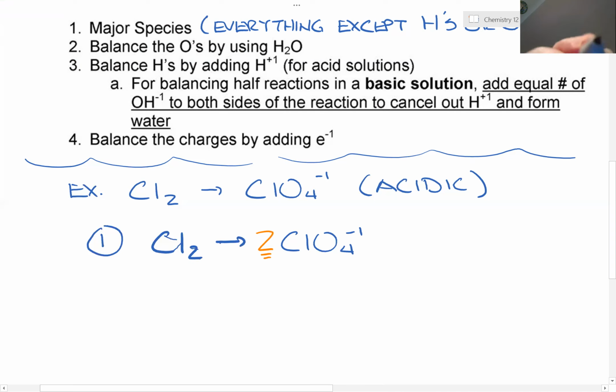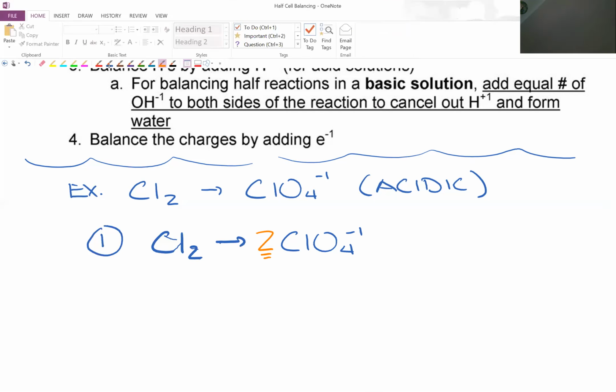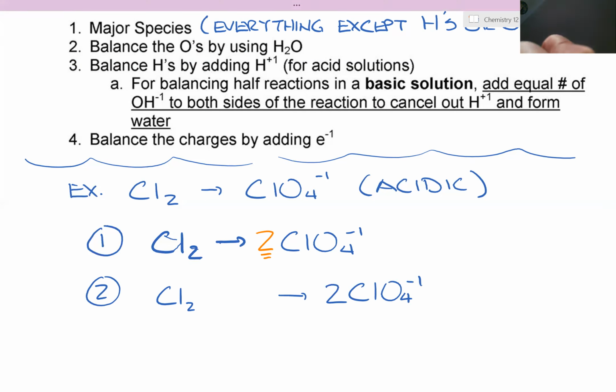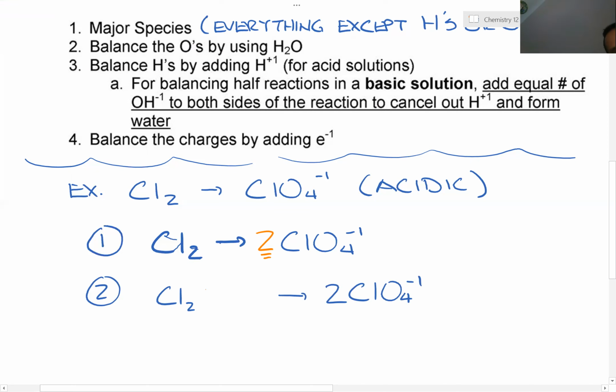So what we have is ClO4 minus 1, but now we have to put a 2 in front of it because we have to balance out the chlorines. Now step number 2, we balance out the oxygens. So we have Cl2 and 2 ClO4 minus 1. On the left-hand side, we have to add 8 waters.